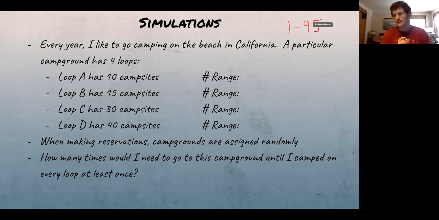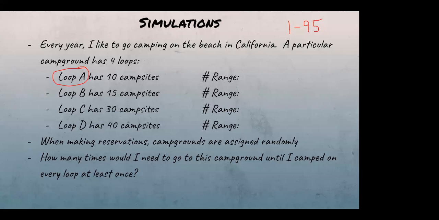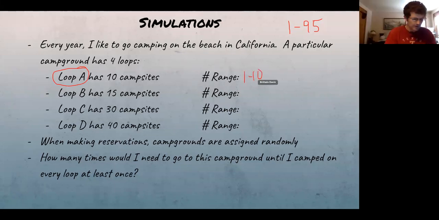So now we're really kind of getting to the heart of this. What numbers could correspond? What numbers would we say means loop A? 1 to 10. There you go. I'm getting it in the chat too. All right. So now you can probably see where we're going with this.